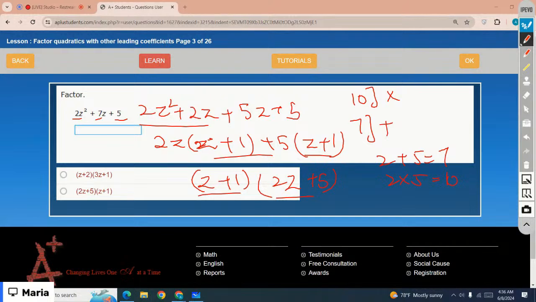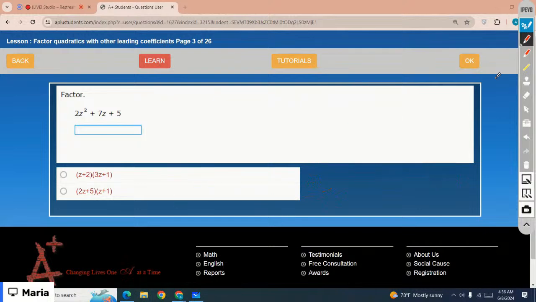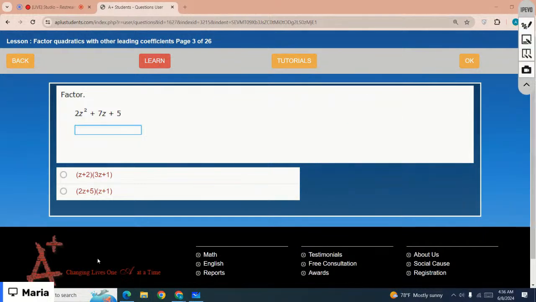So the correct option is z plus 1 times 2z plus 5. Option number 2 is the correct option. Got it? That is 2z plus 5 times z plus 1.